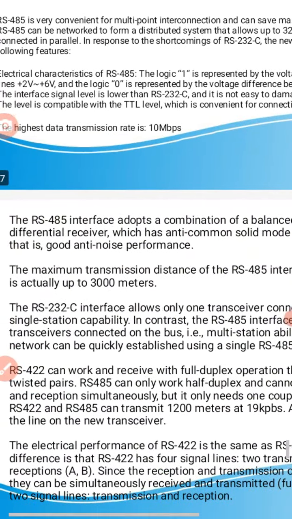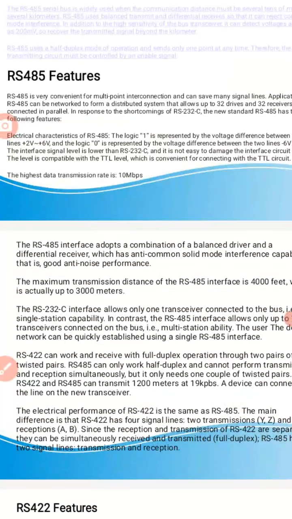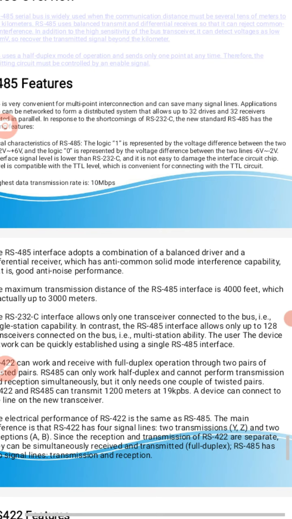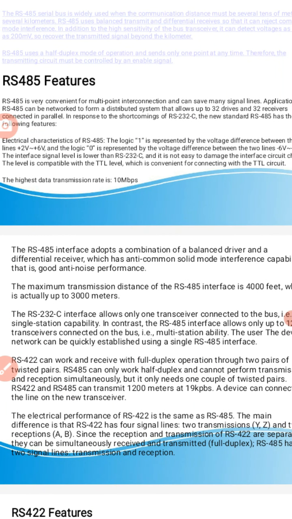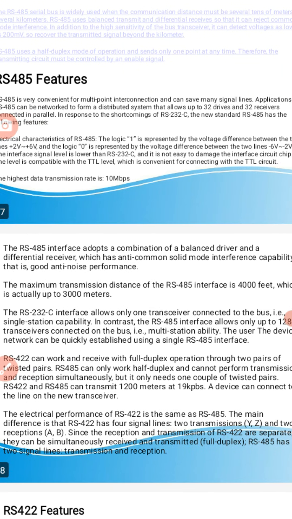The RS485 interface adopts a combination of balanced driver and differential receiver, which has strong common mode interference rejection capability, that is, good anti-noise performance. The maximum transmission distance of the RS485 interface is 4000 feet, which is actually up to 3000 meters, or say 3 kilometers.